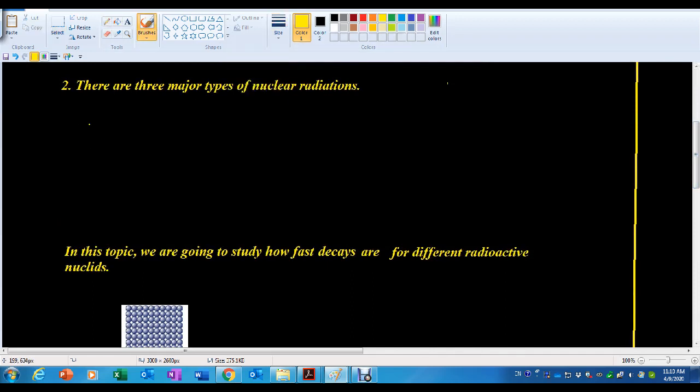Alright, let's have some revision. The first type we've learned is alpha particles. For alpha particles, you've got two protons, two neutrons, and the charge is 2 plus. Also we have beta particles, and for beta particles we have beta plus or beta minus.